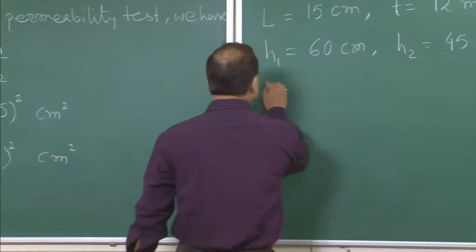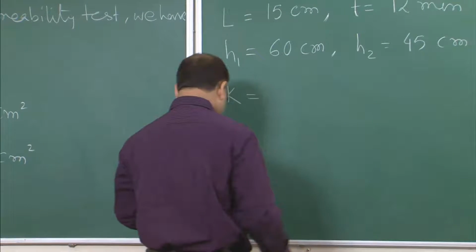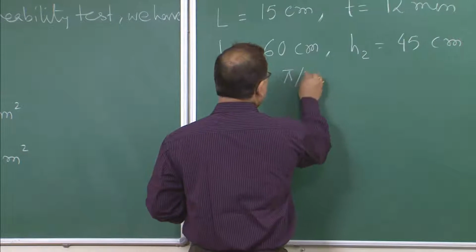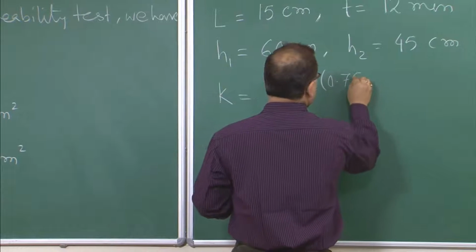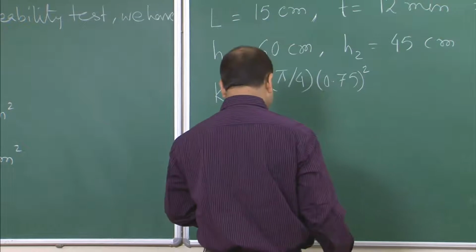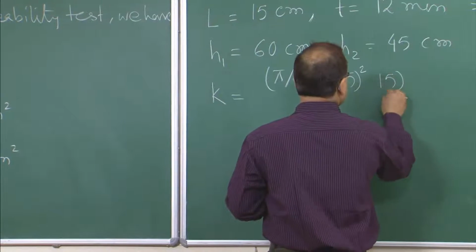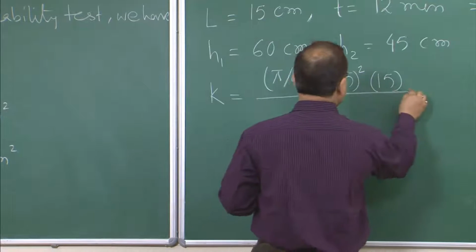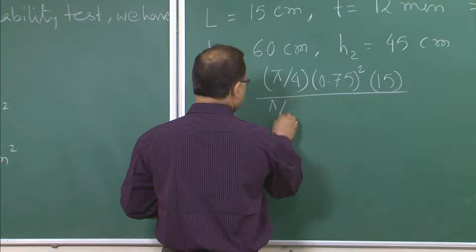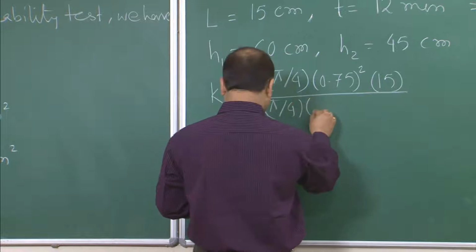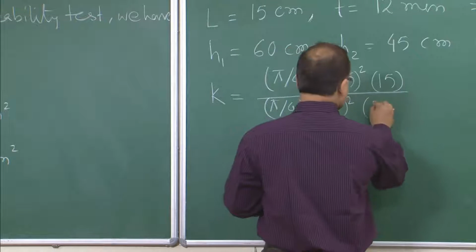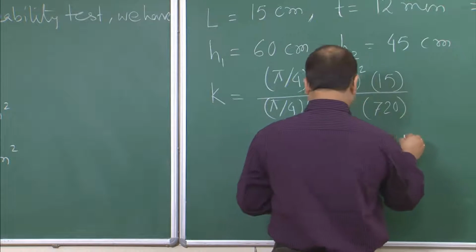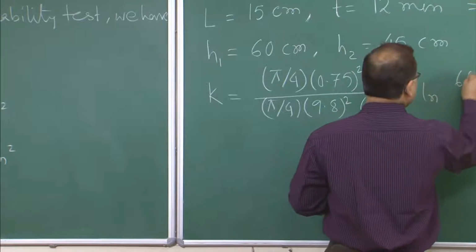Now, we will calculate K as pi by 4 into 0.75 whole square, which gives us small a, into 15, that is L, divided by capital A, pi by 4 into 9.8 square, into 720, into ln of 60 by 45.